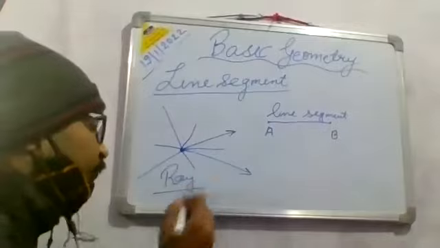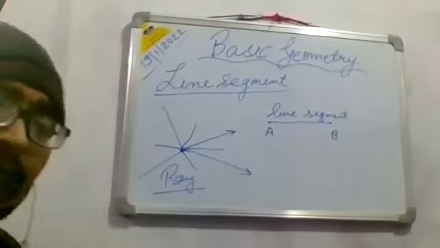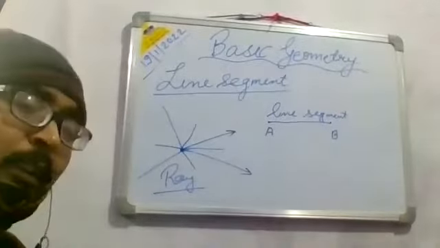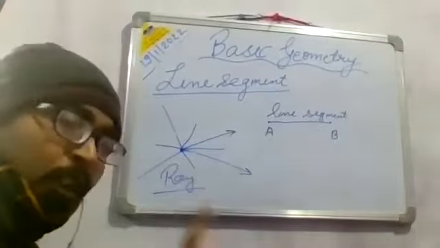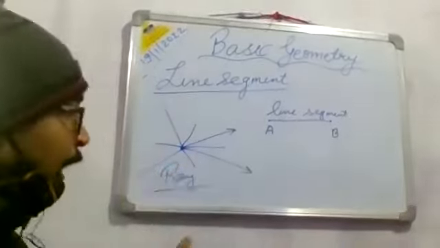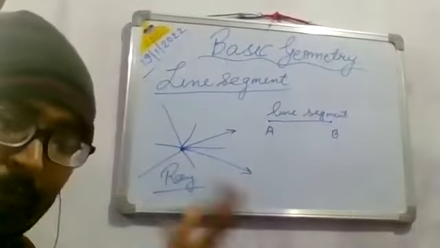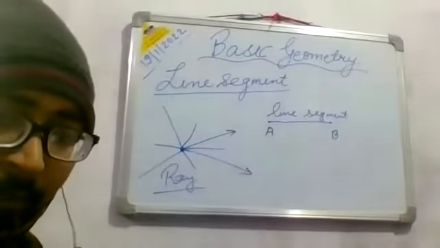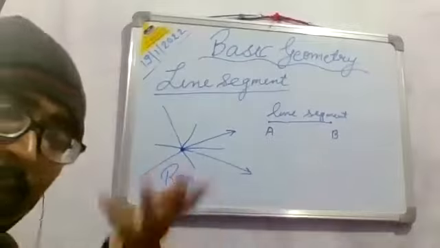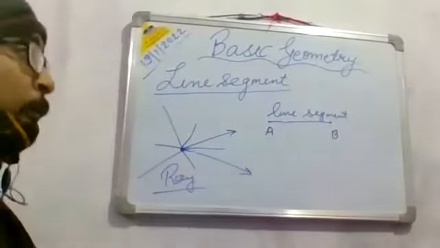So through two points we can draw one line segment, and through a point we can draw several rays.